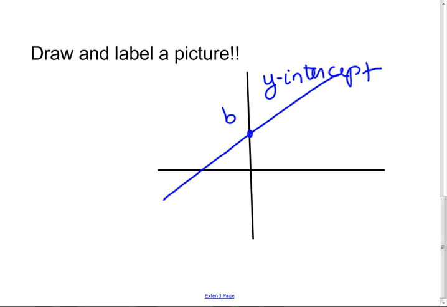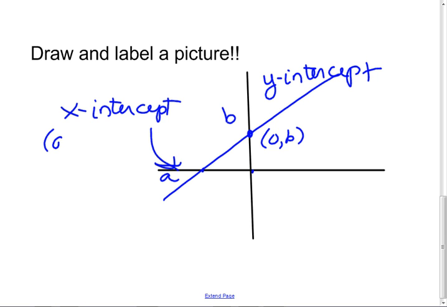I need to tell you how far away you've gone from the origin horizontally, the x's, and then vertically. In this case, I'm not moving anywhere on the x's. It's 0. Matter of fact, this is called the x-intercept. That's the x-intercept, and you know what I call it? I call it A, because we've already used B. So that's A, 0.